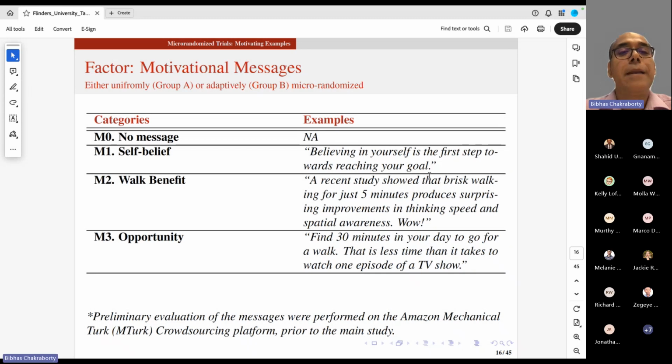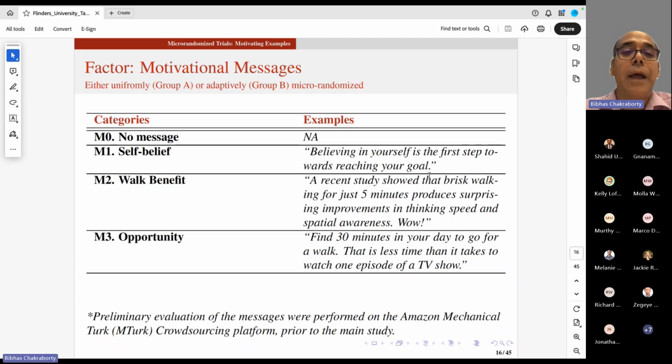And for factor 1, I have four categories, M0 through M3. They talk about different aspects of people's motivation. It involves no message also, but then the active ones are about self-belief or self-efficacy, and then the benefit of walking and the opportunity of walking, whether there is a park nearby, whether the weather is good, you can go out for a walk and so on.